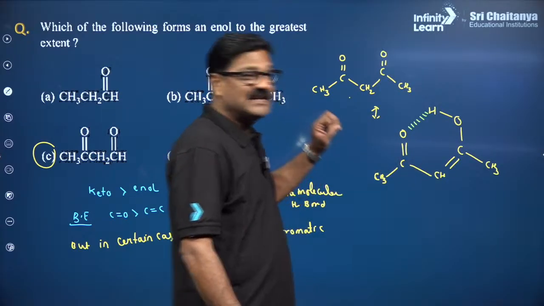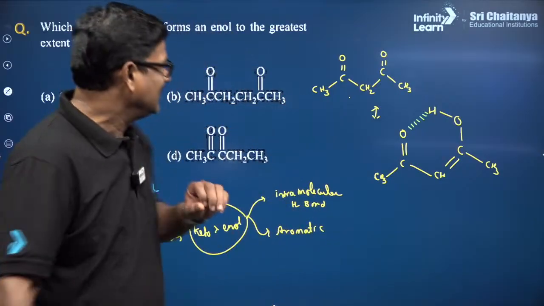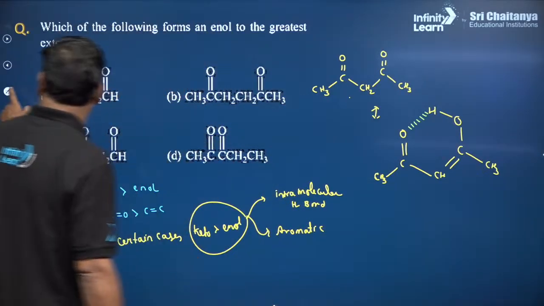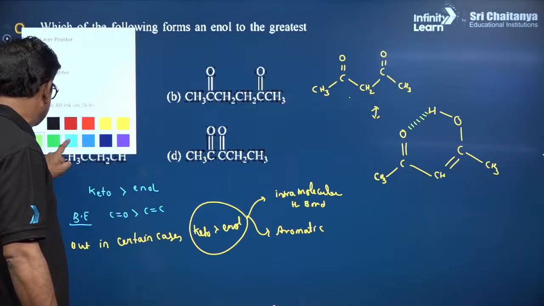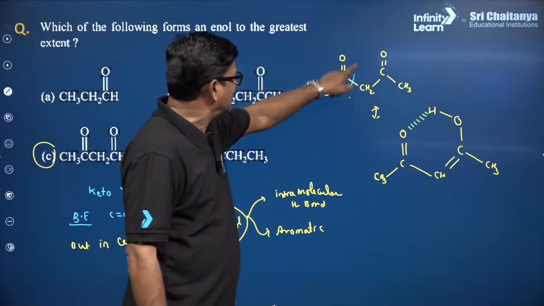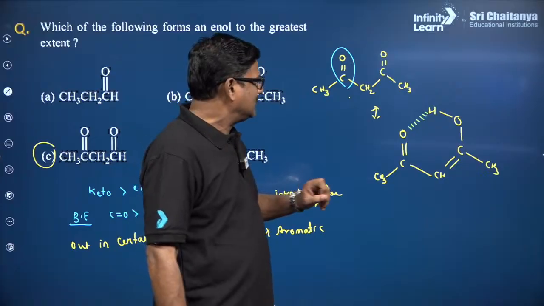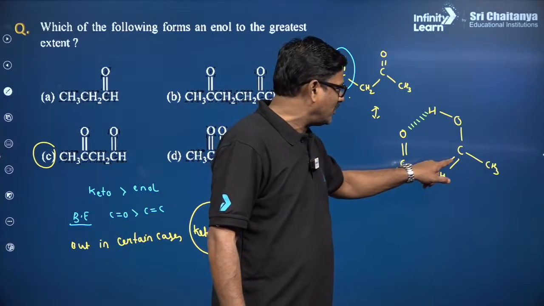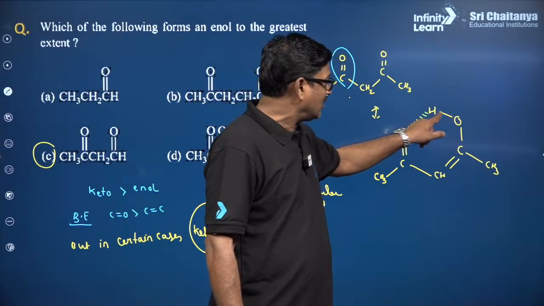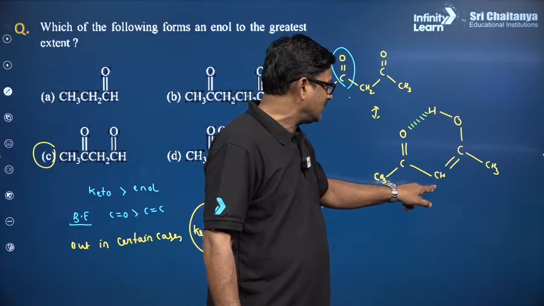So what is enol? Abid Hassan, there is a keto functional group. Look at this. There is a ketone functional group. This is called the keto form. And there is a double bond and an alcohol, ol. So this is called enol.